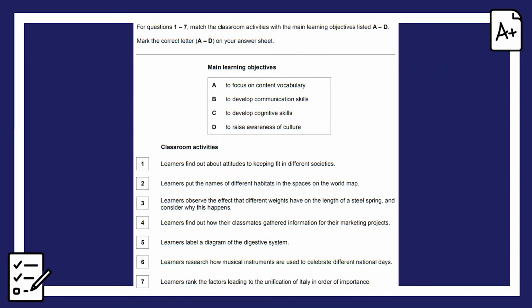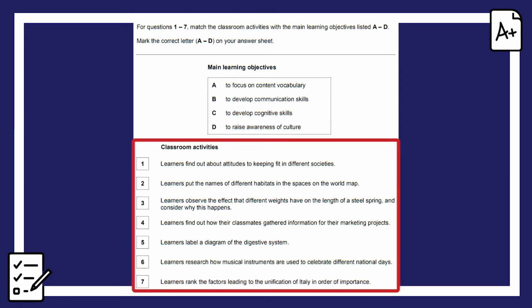Here is a sample question. For questions 1 to 7, match the classroom activities with the main learning objectives listed A to D. Mark the correct letter A to D on your answer sheet. So here you have the main learning objectives, which is A, B, C, and D, and you have the questions, classroom activities 1 to 7.